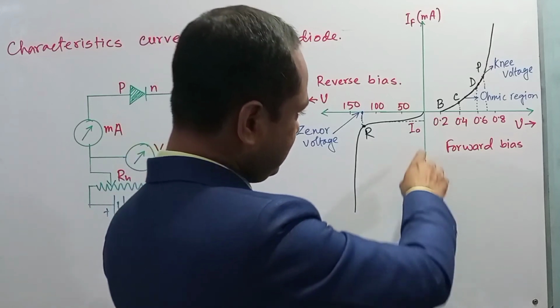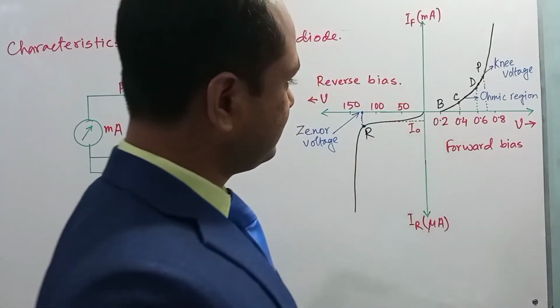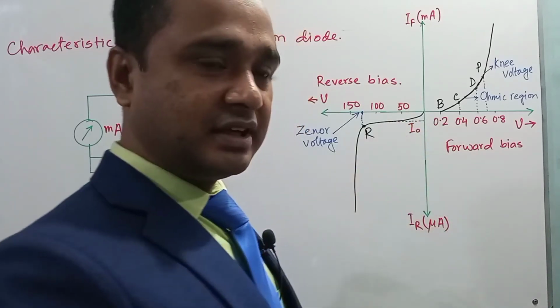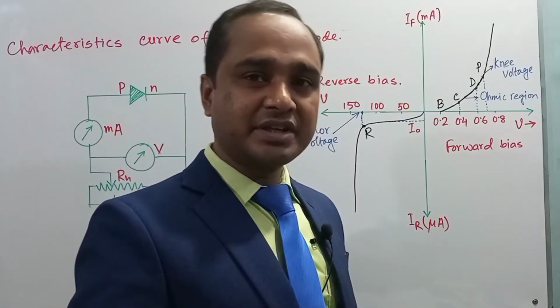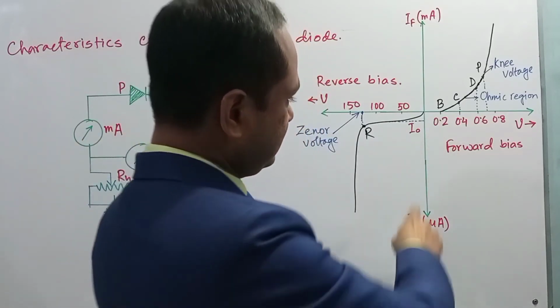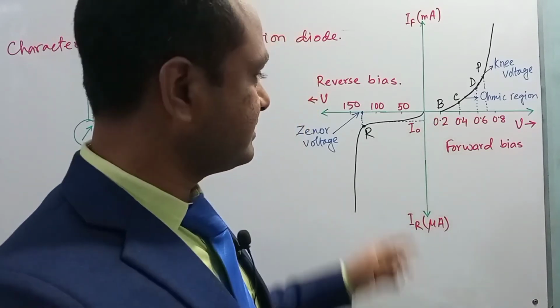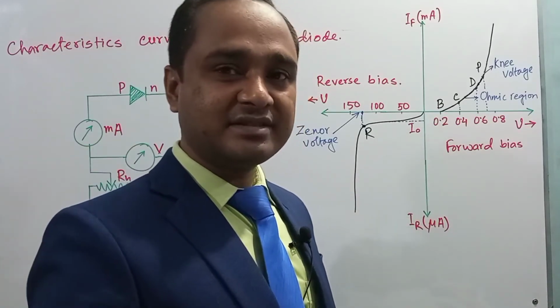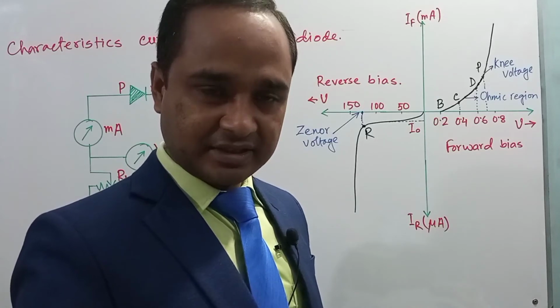So after a certain value of the applied voltage, we will get a current which is maintained by the minority charge carriers in both regions, which is known as I naught, and this I naught is known as reverse saturation current, right.